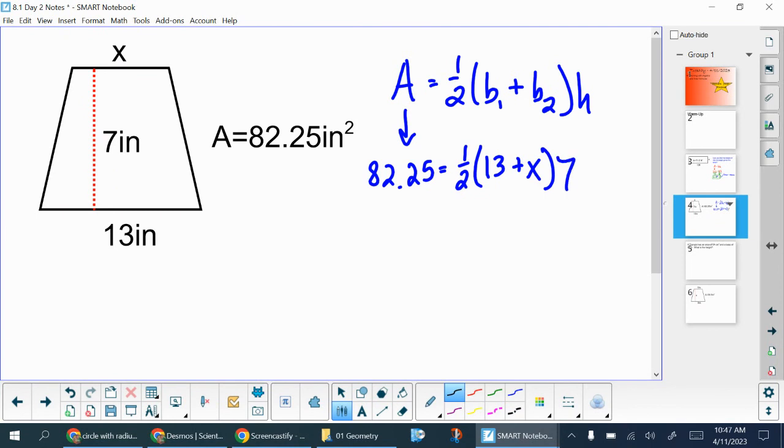Now there's a couple of different ways you could do this. I can show you a couple. My preference is just to start undoing stuff. So I'm just going to rewrite the equation so that I can work on it.